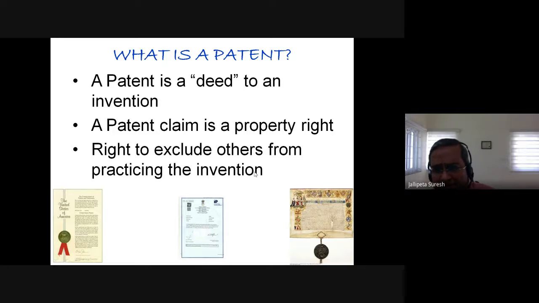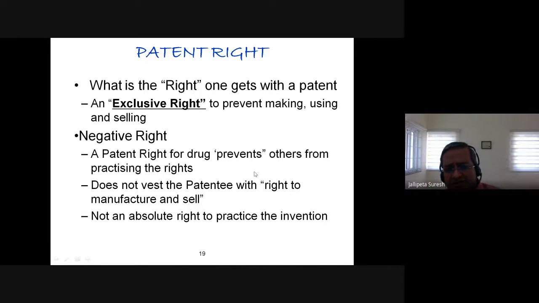Now, what is a patent? Patent is nothing but a deed or a document given by a state to the inventors. So it gives an exclusive right, that is, right to exclude others from practicing the invention, which we have seen. So what is this exclusive right? This right prevents others from making, using, and selling the patented invention.